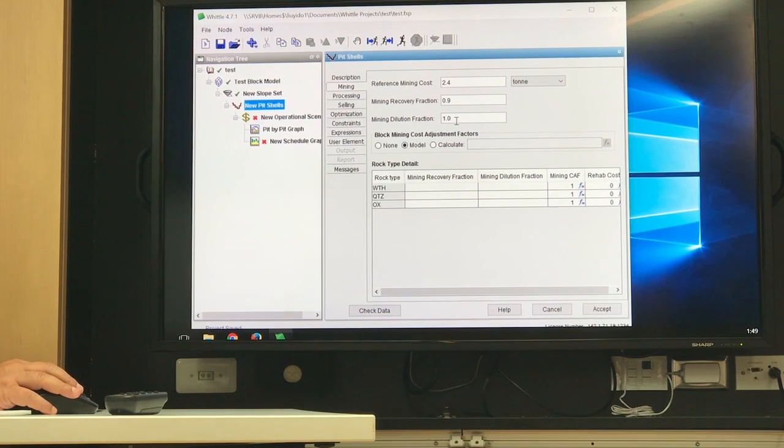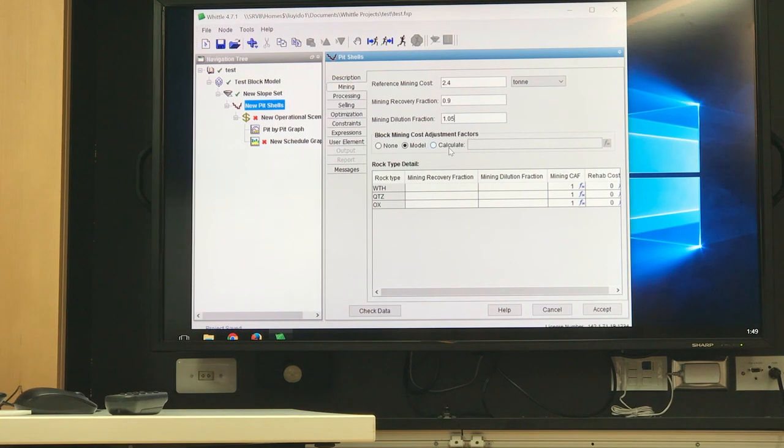If it's 10%, I will put 1.1. If it's 5%, I will put 1.05. Right? Because it's something that's going to add to your mining capacity. Correct?